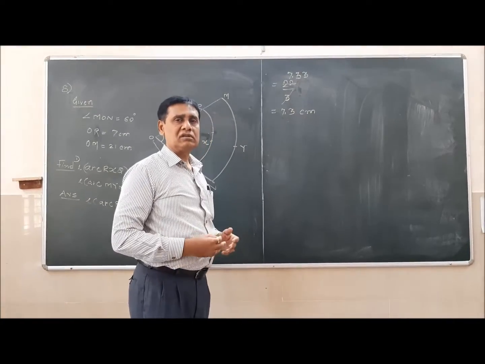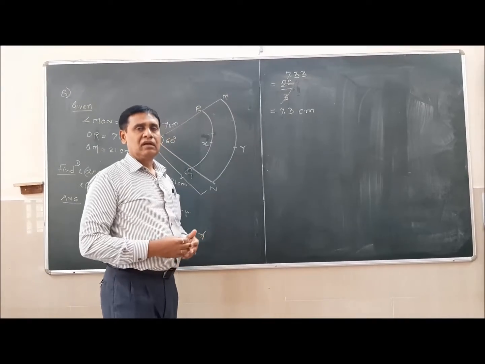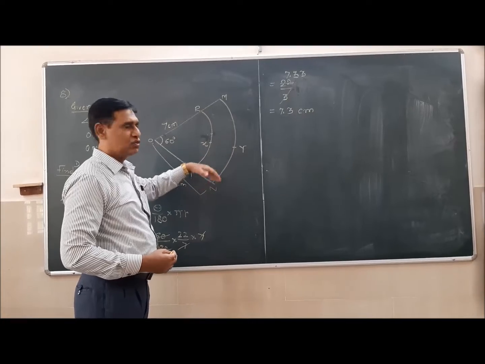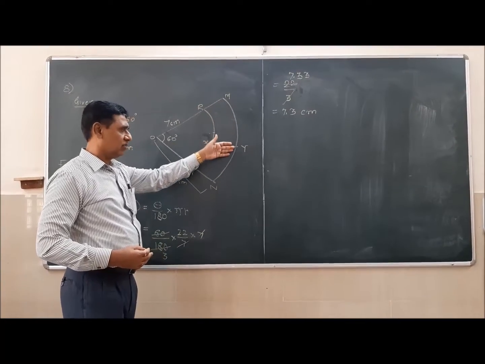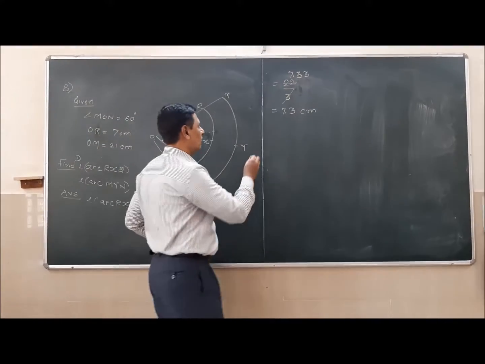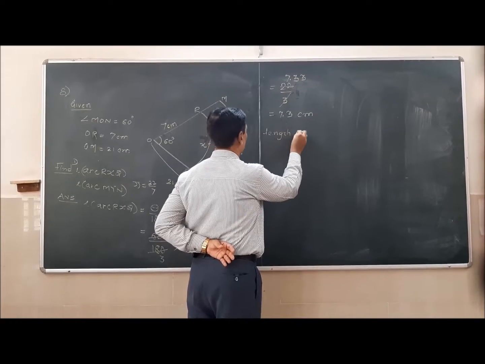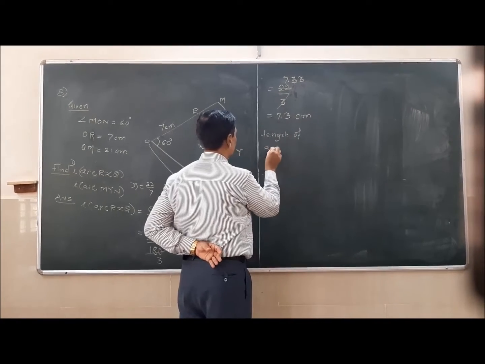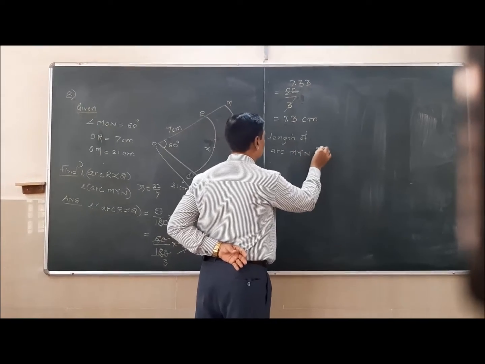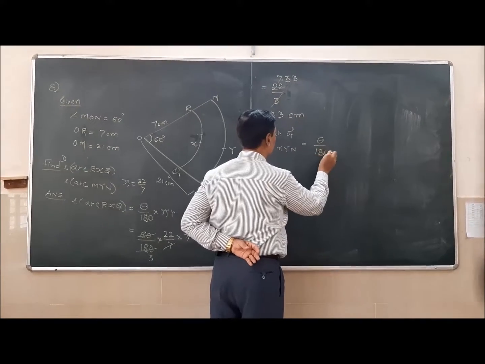Now let's come to the second part of the sum. We also have to calculate the length of arc MYN. While finding the length of arc MYN, the formula is the same. The length of arc MYN is equal to the formula theta upon 180 into pi r.